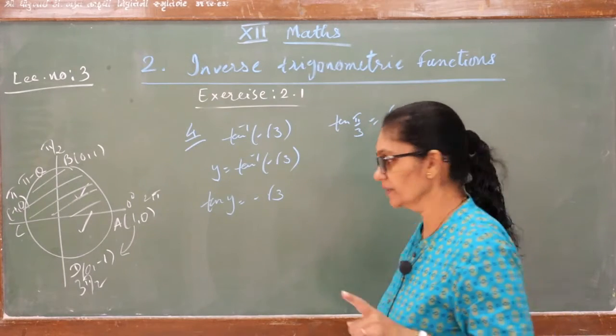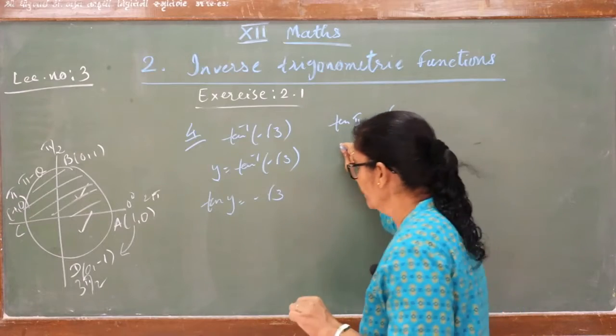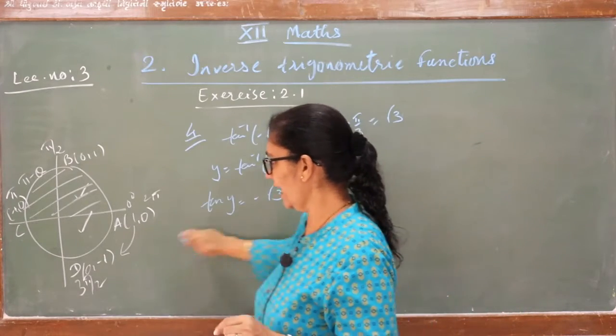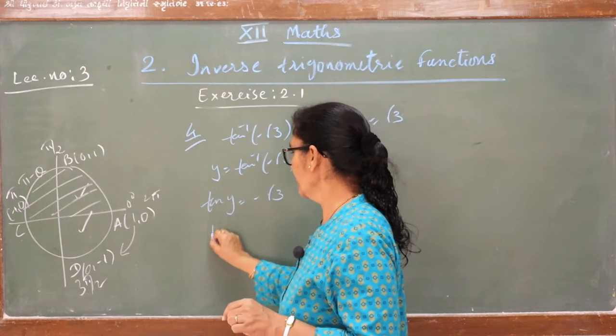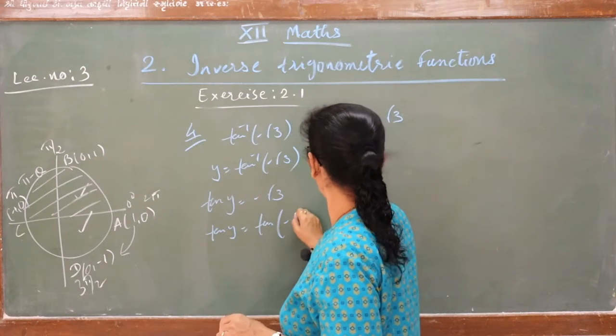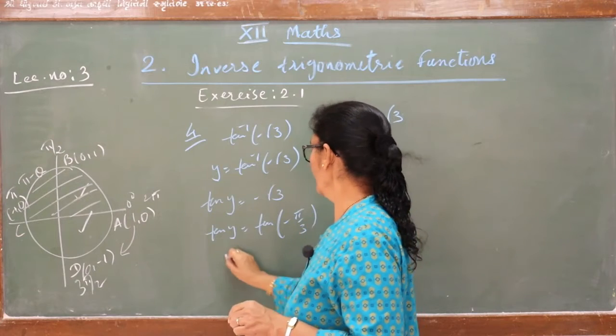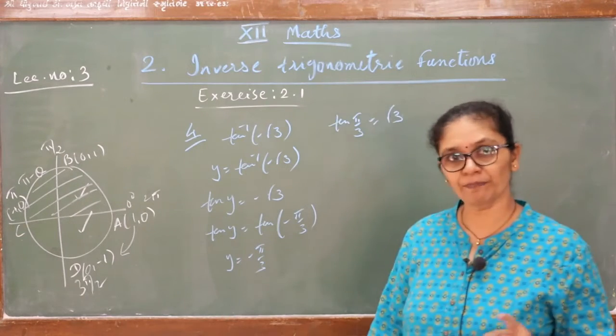We already know it, because we learned this in 10th standard also and 11th also. Okay, but minus sign, and tan is in the fourth quadrant, first and fourth. So what to do? We can write tan y equal to tan minus pi by 3. So what is your principal value? Minus pi by 3.